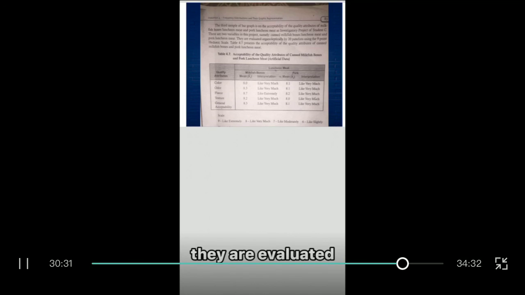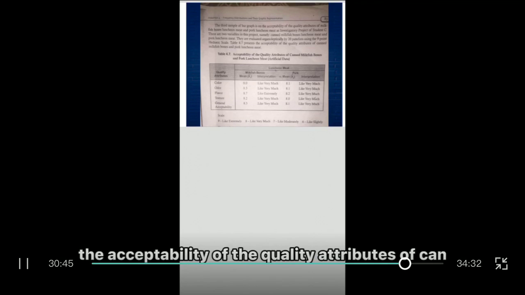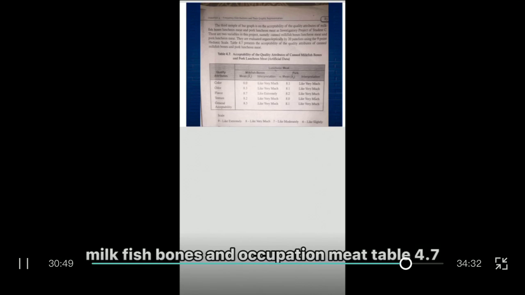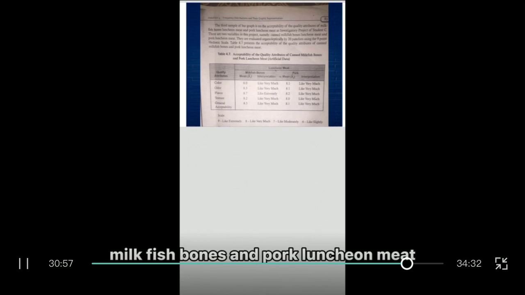They are evaluated organoleptically by 20 panelists using the 9-point hedonic scale. Table 4.7 presents the acceptability of the quality attributes of canned milk fish bones and pork luncheon meat.